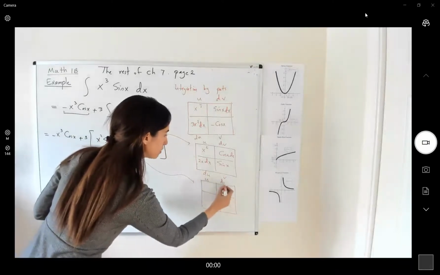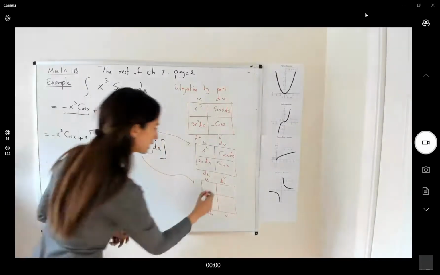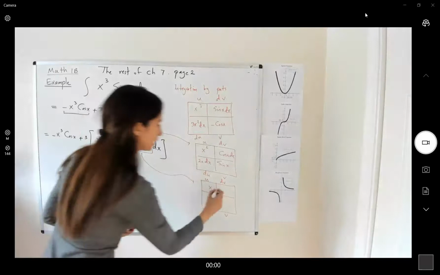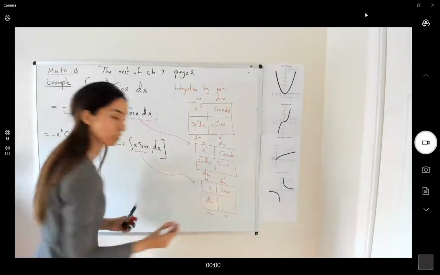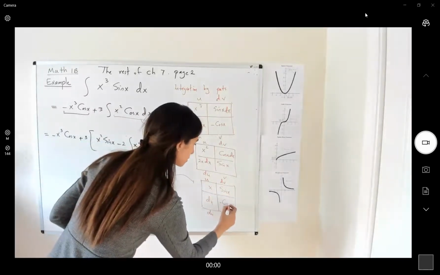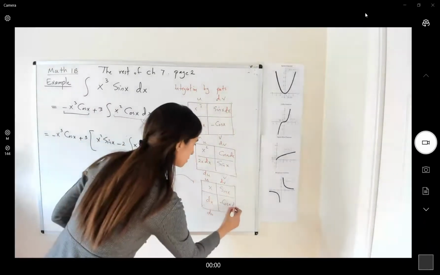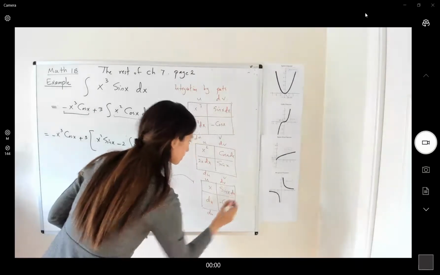u, dv, du, and v. u is x, dv is sine x, du is dx, very well, and my v is minus cosine x. So I have this.